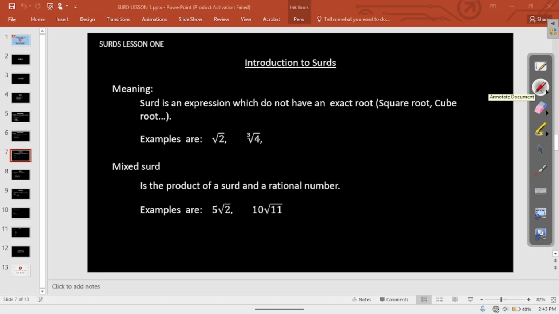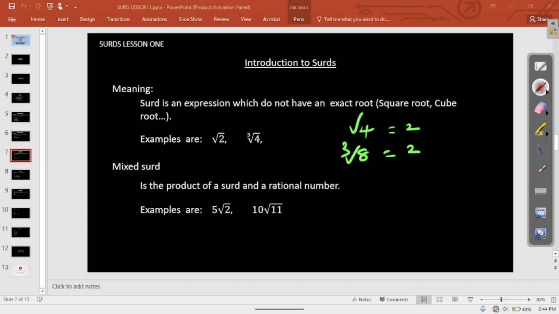Let us look at the introduction to surds. First, we need to know the meaning of surd. A surd is an expression which does not have an exact root. You try getting its root, you get a lot of decimal numbers. Consider a number like the square root of 4, or the cube root of 8. Square root of 4 is 2, cube root of 8 is 2 also.